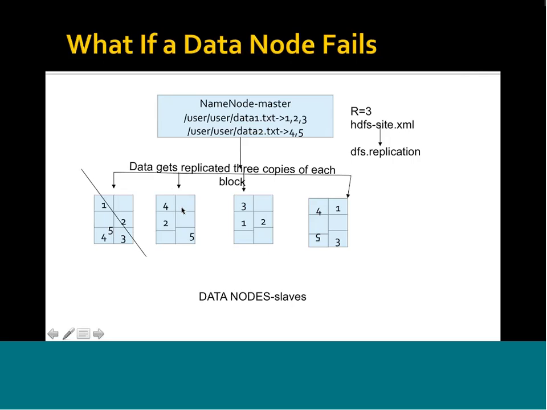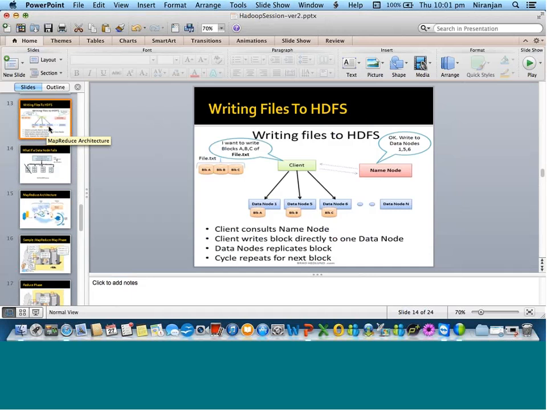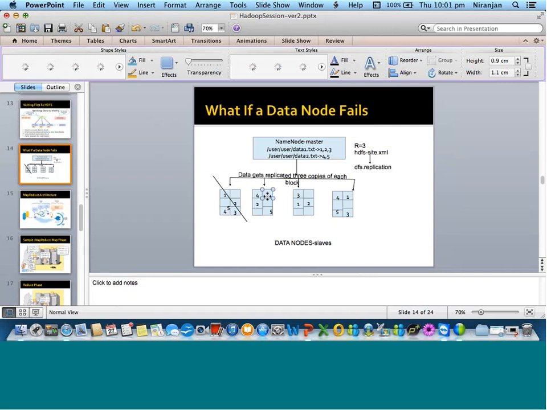Okay, so if you see, it tries to write it to this particular place. If it fails, it will try to maintain replicas always, which is equal to the factor that you have specified in R equal to. Okay, the minute it fails, the number of replicas reduces to 2. So your name node or your Hadoop cluster now smartly does what? It creates a copy of 1 and it writes it in another data node. Okay, is that clear?